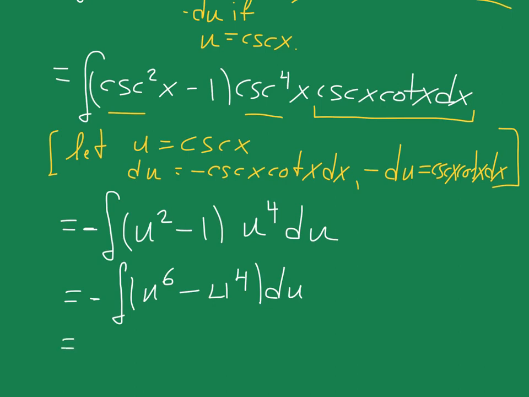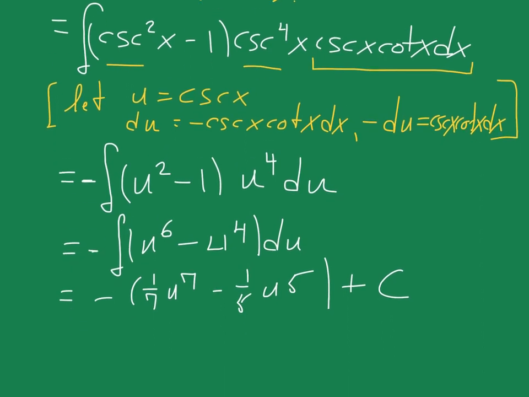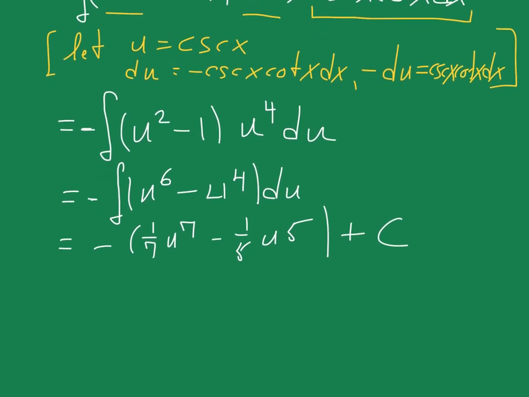So the remainder is easy. So we have minus 1/7 u to the 7th minus 1/5 u to the 5th, all plus c. And now this is equal to, last line, let's just distribute that negative through and replace u by what it is.